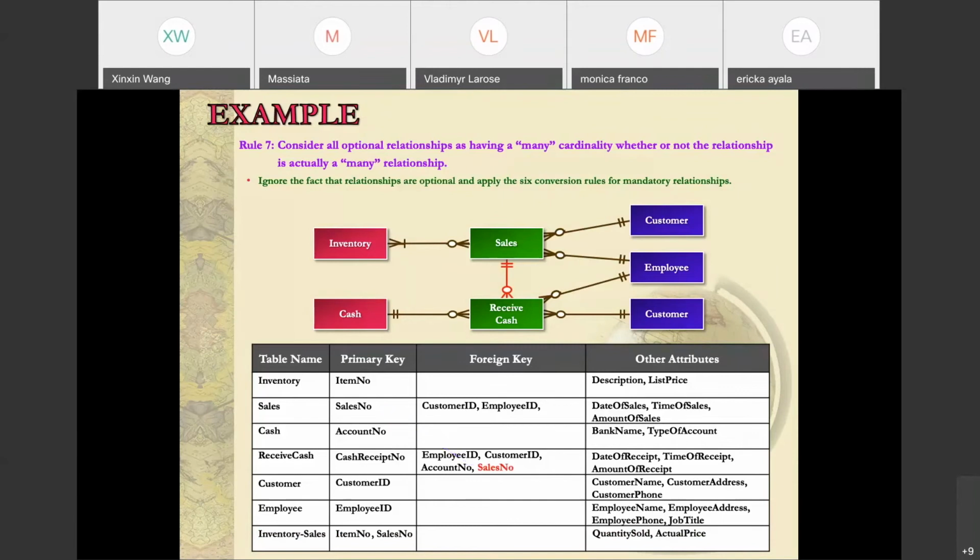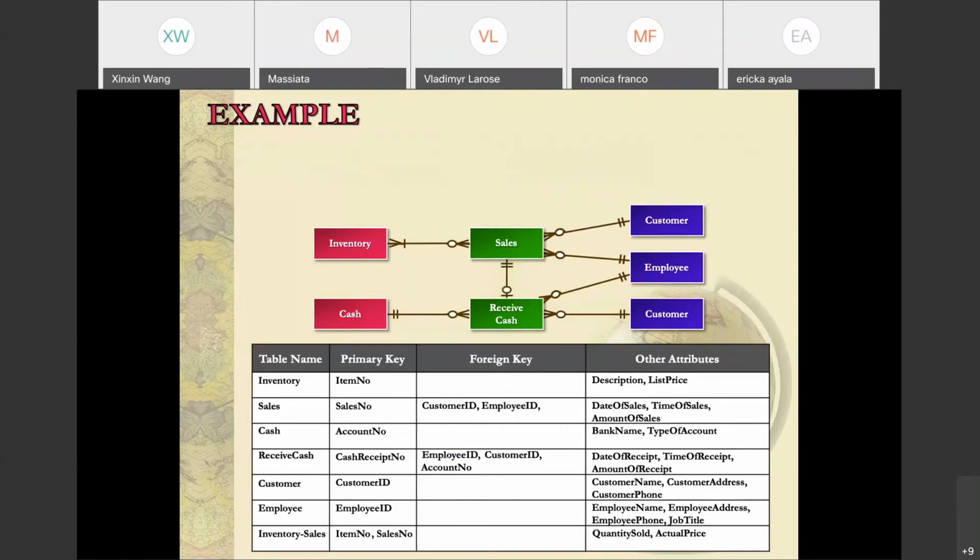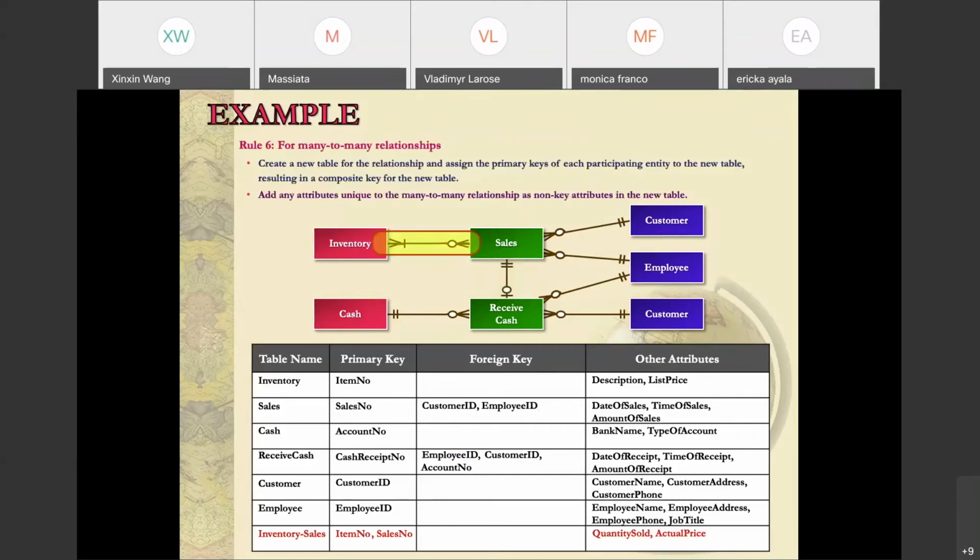Professor, I have a question. Can you repeat the inventory and sales table part? Why do we have the inventory and sales table? The thing is, inventory and sales are a many-to-many relationship, right?